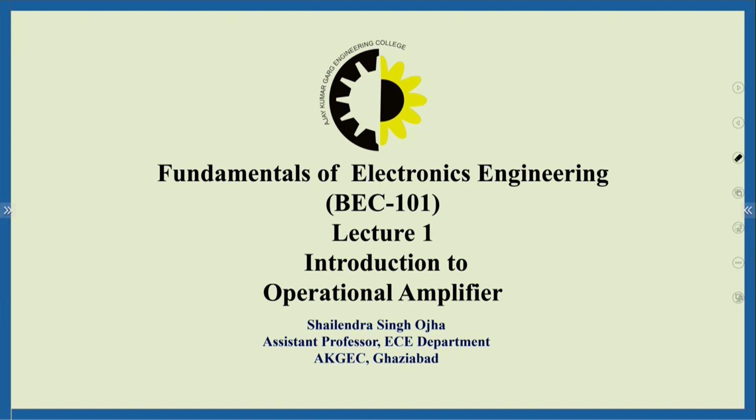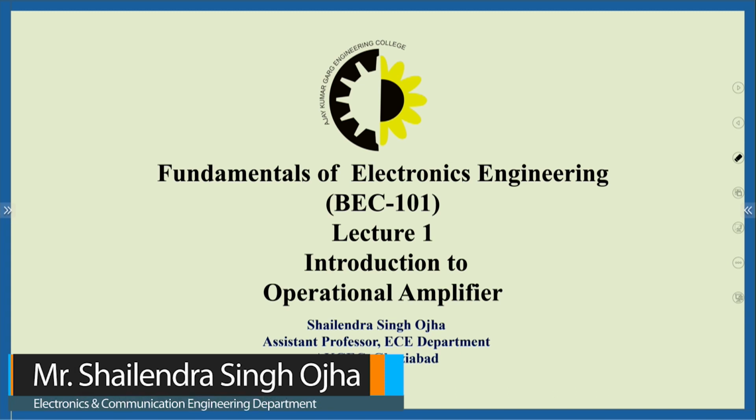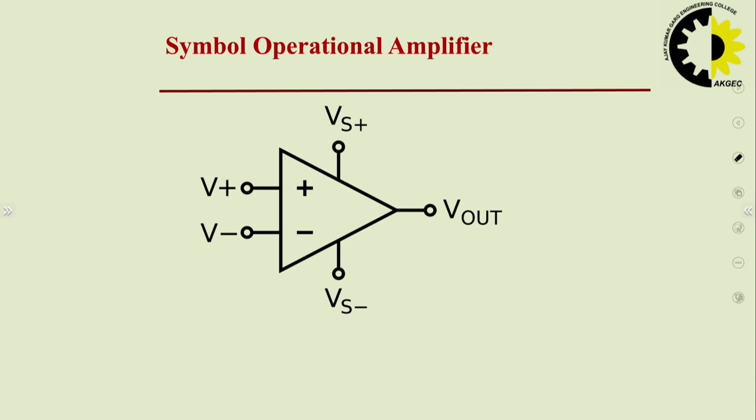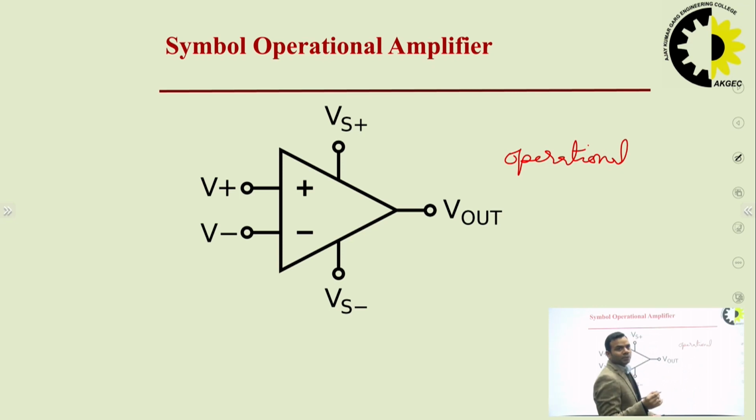And today I am going to discuss basics of operational amplifier. Actually, we need to understand why operational amplifier is called operational amplifier. It is made up of two words. One is operational and another one is amplifier.